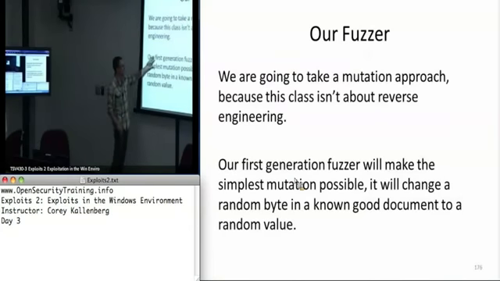Our data mutation, which will actually be up to you, since I'm going to give you some flexibility to change this, is we'll be changing a random byte in the CDF file to a random value. So one byte in the file changed to one random value. I'll give you the opportunity to change those rules, and you can mutate the data however you want to, but that'll be our basic framework at least.